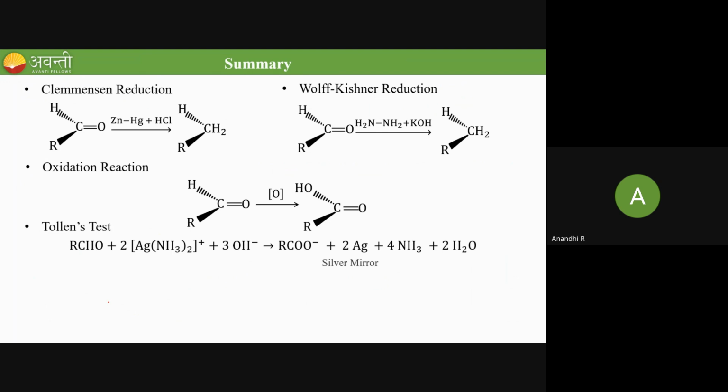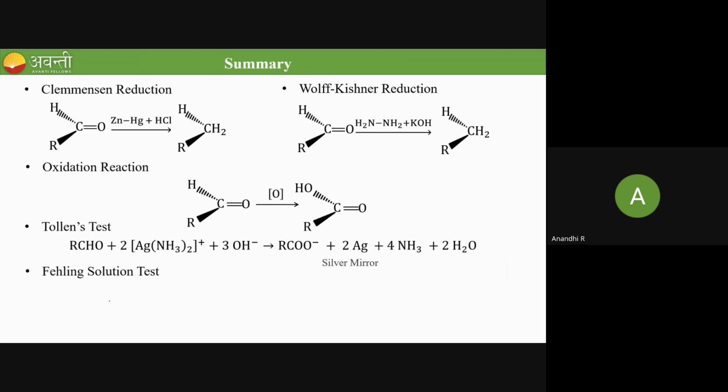If you don't find any silver mirror, then you can come to the conclusion that the system doesn't contain aldehyde. Got it? Ruchinita, is this clear to you? So the chemistry involved in this reaction is oxidation. Aldehyde is getting oxidized to carboxylic acid. Clear to you, Ruchinita? Yeah, it is clear.